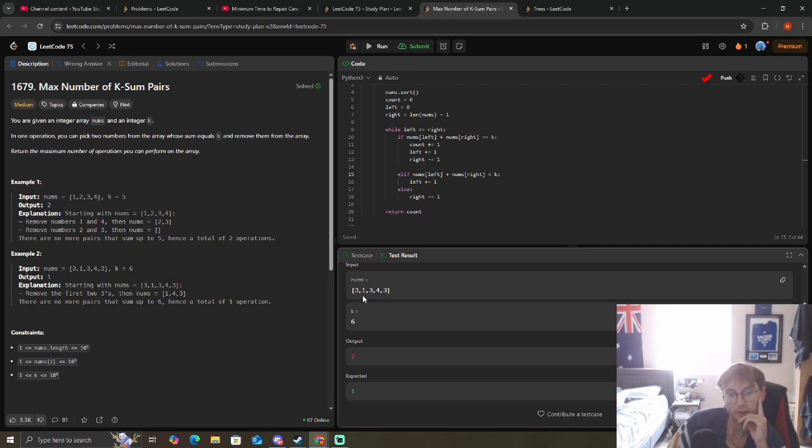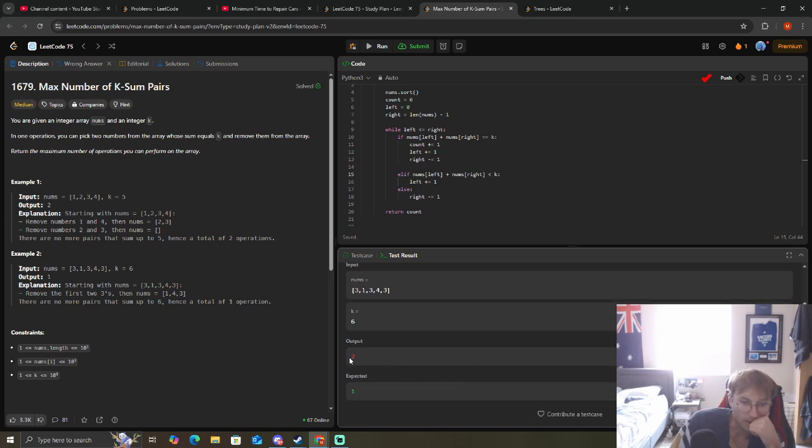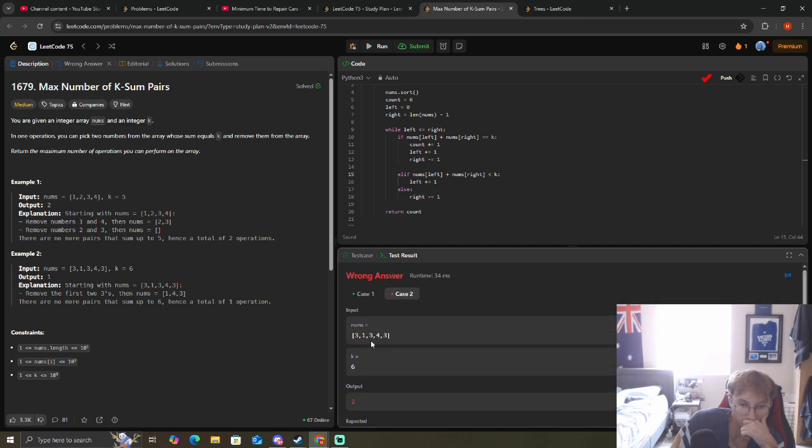Well, remove 1. How is this 2 here? Well, we got 3 and 3. How is this 2 here? Oh, output is 2. Okay. So we got 3 and 3 here. We increment right here. We increment our left here.